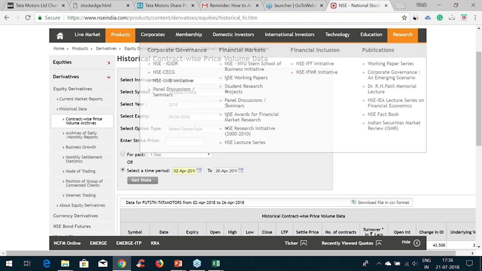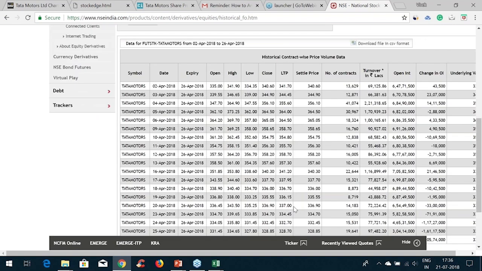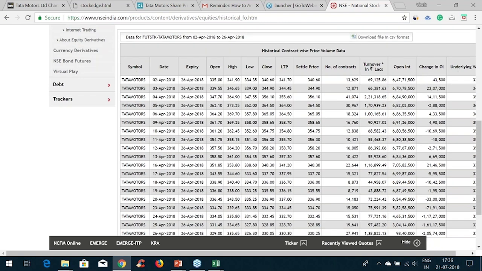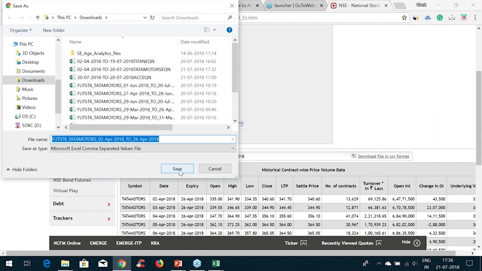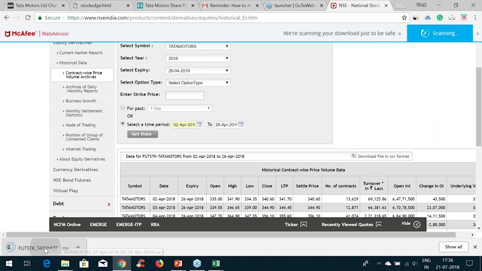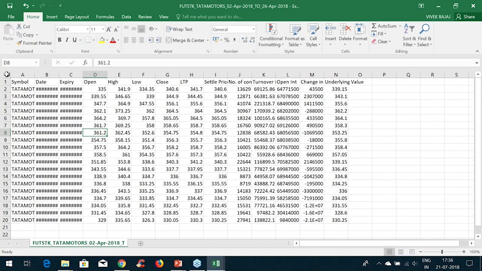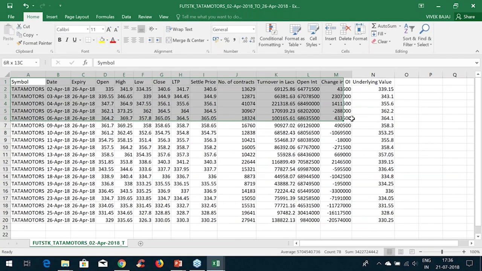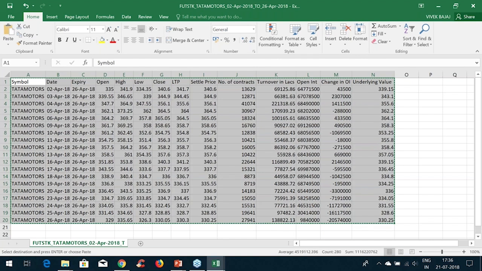So this is the data which I got for Tata Motor April expiry contract from 2nd of April to 26th of April. Let me pull this data in a CSV format. Let me save. Let me open. So this is my data of current month expiry. I will also use this header to copy, because in my sheet I don't have header yet.